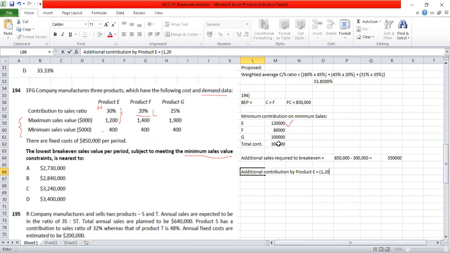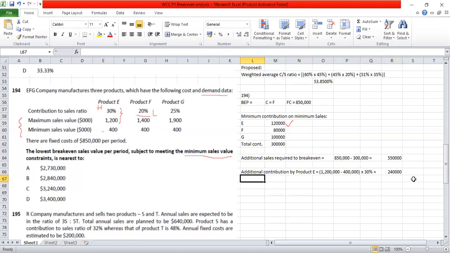So from 1,200,000 minus 400,000, that's the sales value which is deducted, into 30% is equal to 240,000.